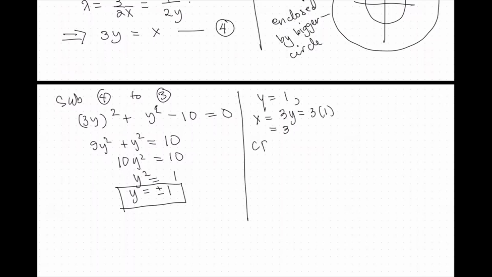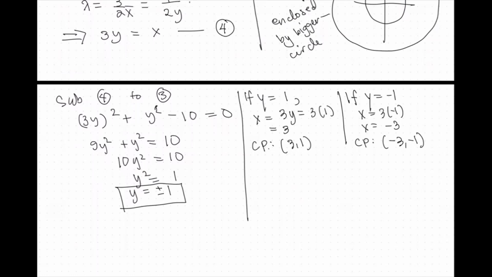So one critical point is (3, 1). Now, if y is negative 1, then x is equal to 3 times negative 1, so x is negative 3. So another critical point is (-3, -1).